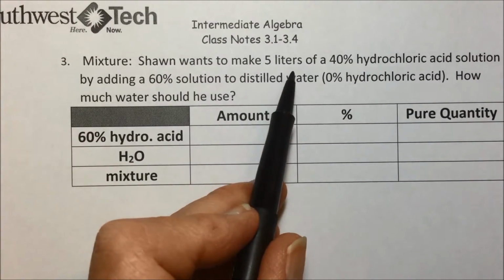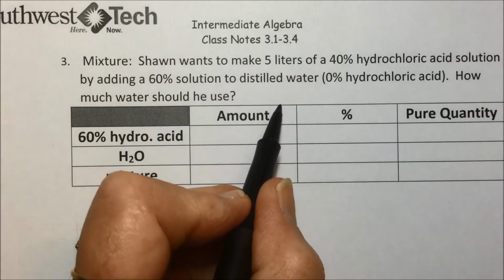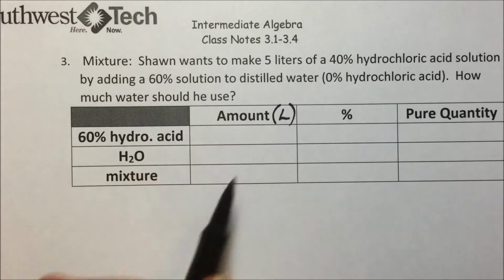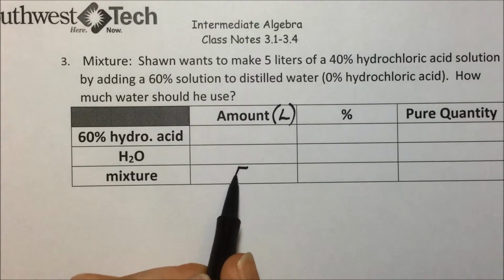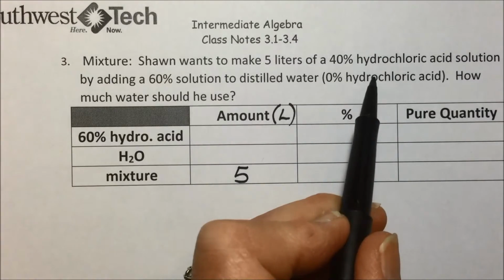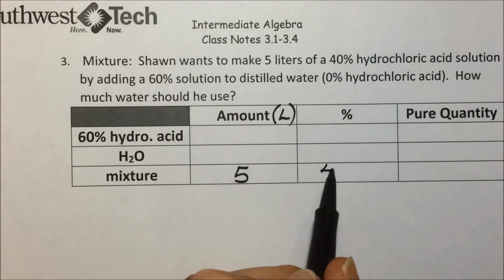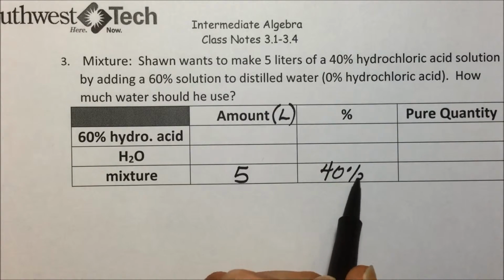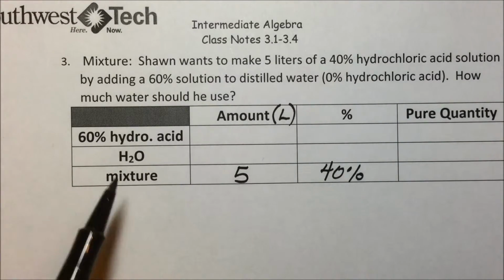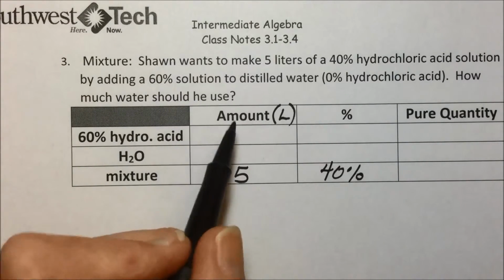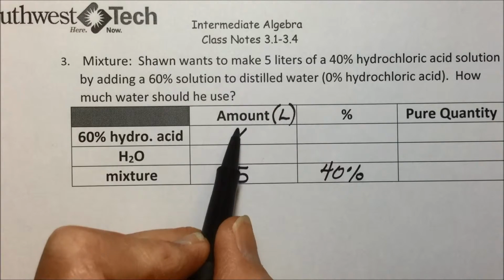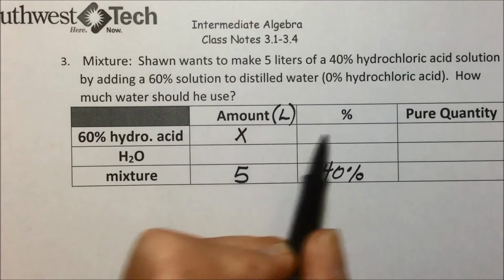Sean wants to make 5 liters, so that would be the amount. And just to indicate what that amount is measured in, we will put a 5 there. That's 40% hydrochloric acid. Furthermore, he's going to do that by adding a 60% solution, and it's not stated how much, so we'll represent that with an unknown.